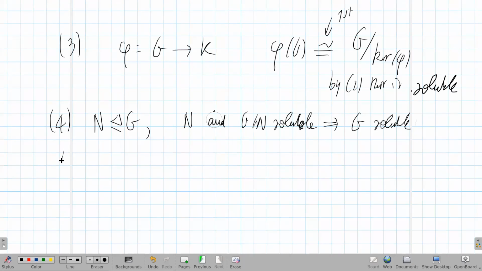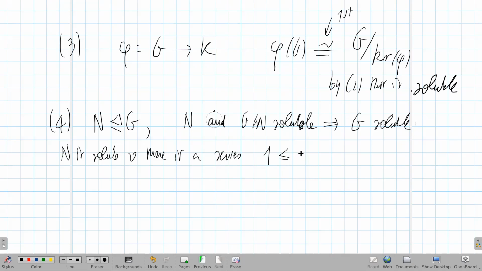N is soluble. So there is a series which I'll start from 1. After all, it is not important if I start from one or the other. Let me think of the letter I'm going to use.